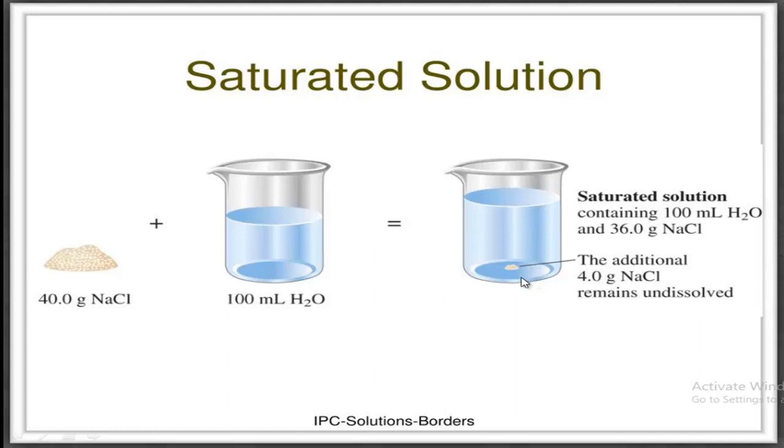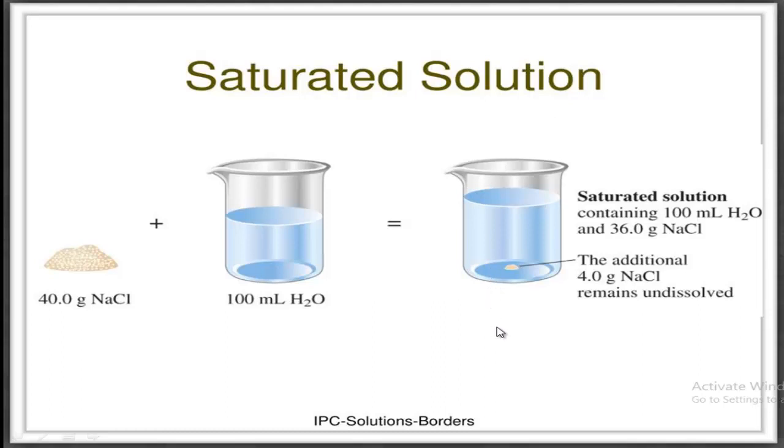Now you can understand. That means when at a certain temperature we make a solution using a fixed amount of solvent, then the maximum amount of solute which can be dissolved by this fixed amount of solvent, beyond which no more solute can be dissolved, that condition is called the saturated condition, or this solution is called a saturated solution.